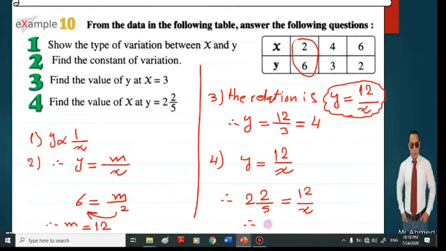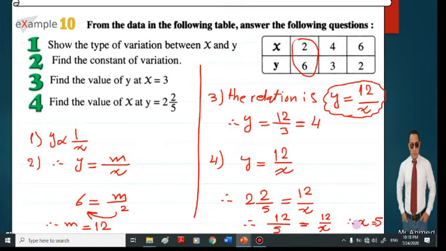Therefore 5 times 2 plus 2 over 5, which equals 12 over 5, equals 12 over x. Therefore x equals 12 times 5 over 12 equals 5.